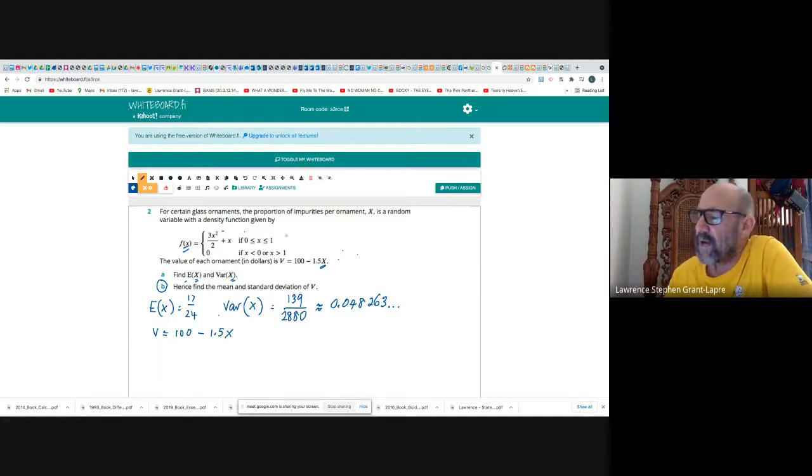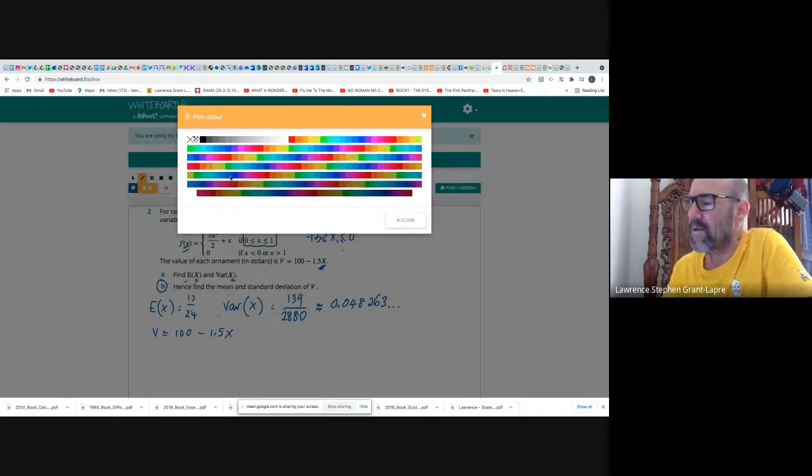Well, let's have a look at our x's. Originally, it ranges from 0 to 1. Now, if you multiply each x by negative 1.5, 0 times 1.5 is 0, and 1 times 1.5 is negative 1.5. So x will then range between negative 1.5 and 0. That's if we multiply them by 1.5. Notice what happens to our range.